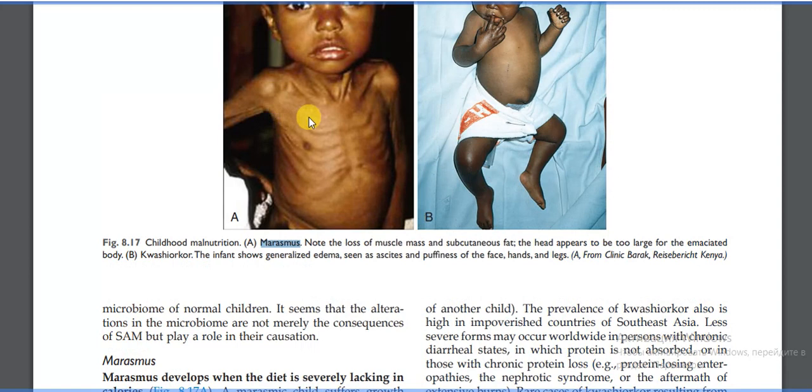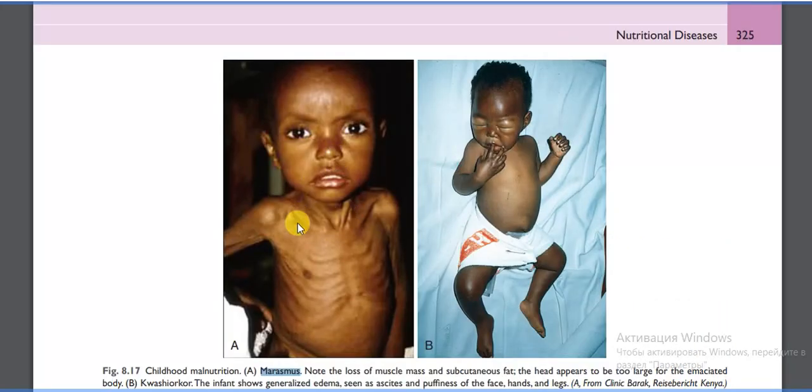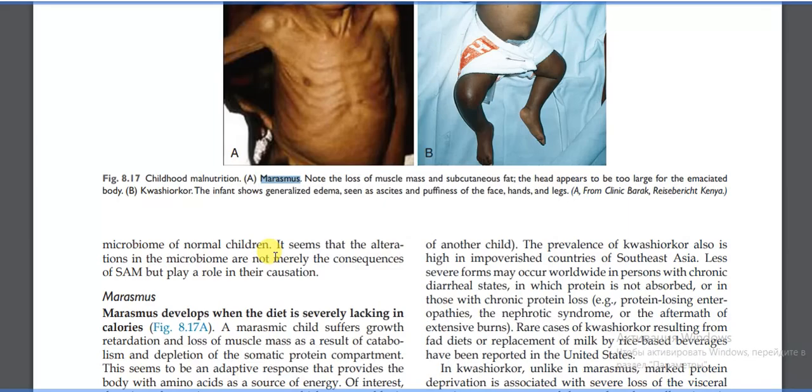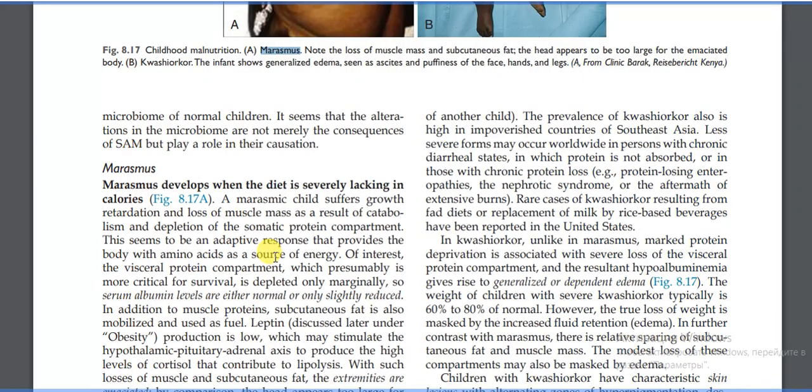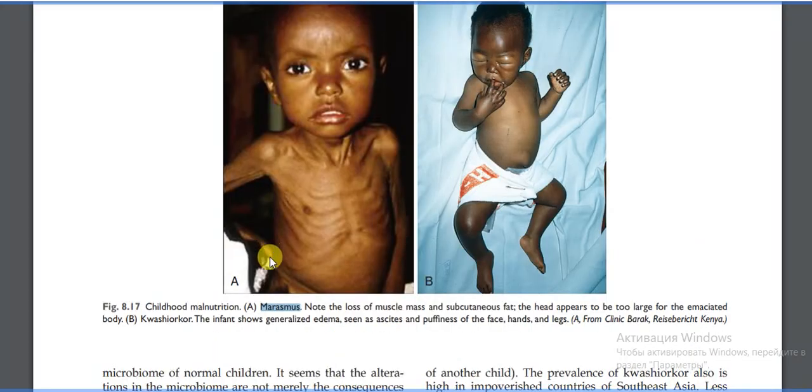So this diagram A here is a typical appearance of marasmus. Marasmus is a condition of decreased calorie intake to the patient. You see calories are very restricted, and you can see here the absence of fats. Fats are not deposited.